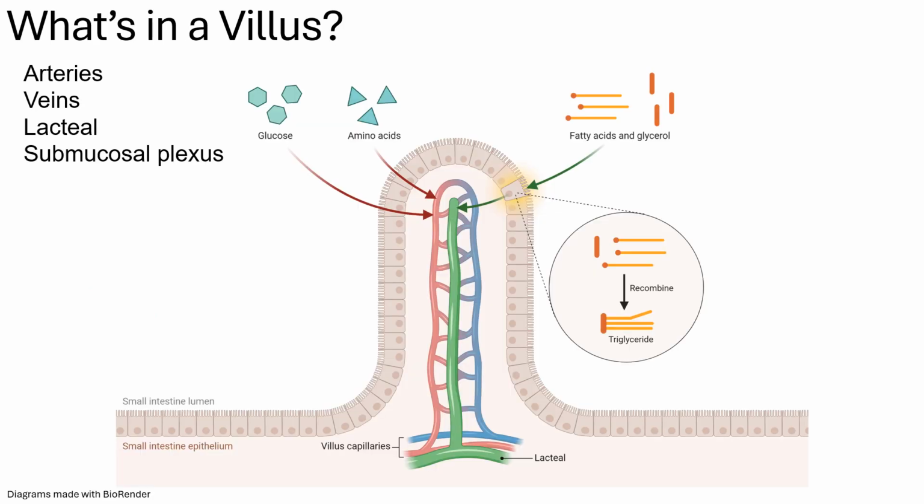Each villus, which is the singular for villi, contains an artery, a vein, and a lymphatic vessel. Small substances are absorbed into the vein, small like carbohydrates, possibly fatty acids, while larger substances like fats and proteins are absorbed into the lymphatic vessel.